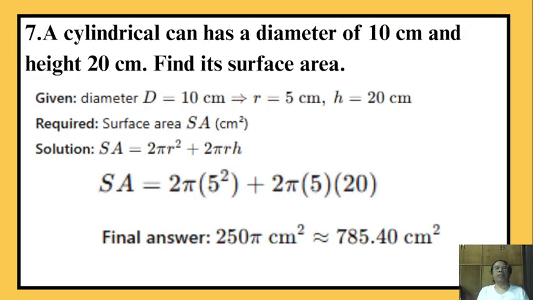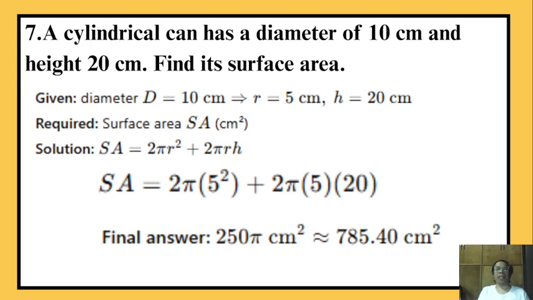Pi is equivalent to 3.1416. Number 7. A cylindrical can has a diameter of 10 centimeters and height 20 centimeters. Find its surface area. So we're given the diameter 10 centimeters. So the radius is 5 centimeters. Half of the diameter is the radius. And height is 20 centimeters.